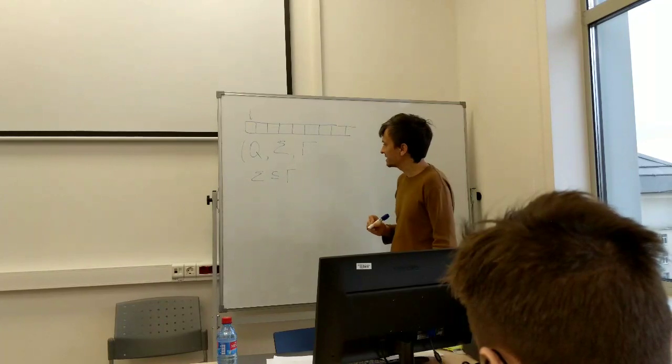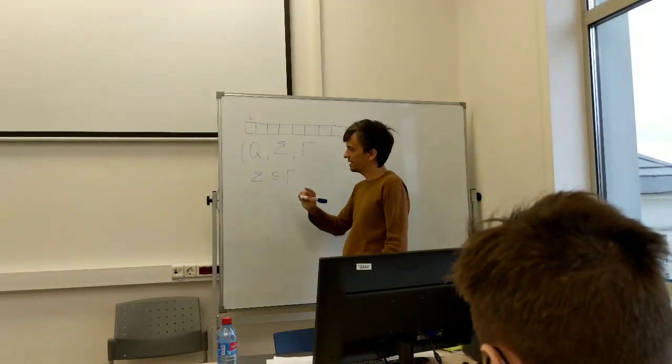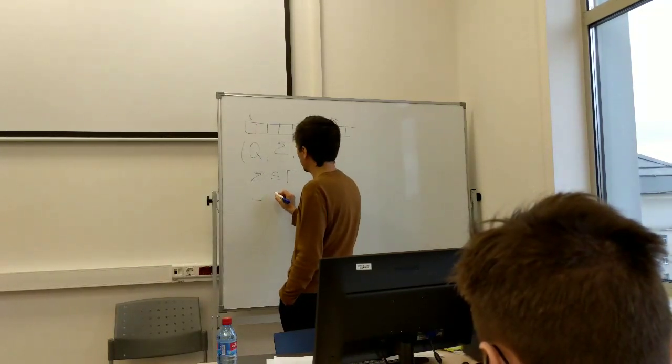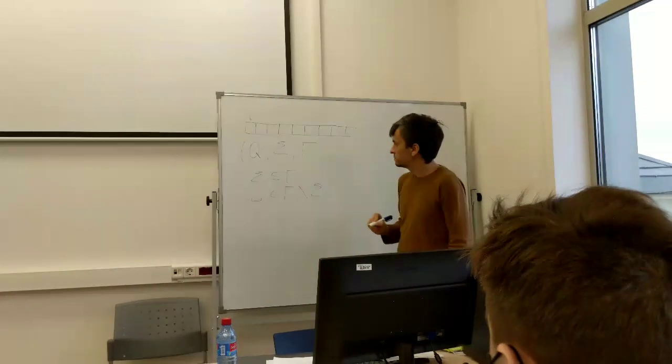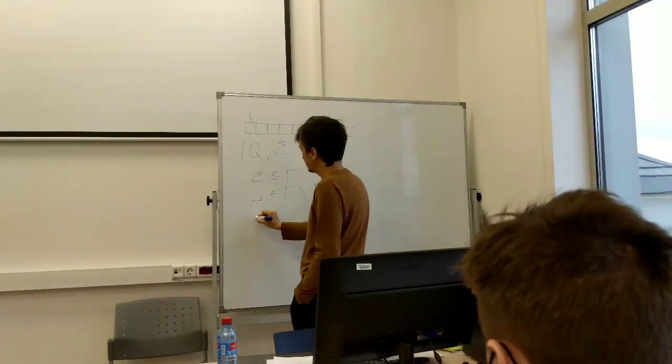But gamma contains at least one more symbol than sigma, and that's the blank symbol. So we have a blank symbol, which is in gamma, but not in sigma. Then we have a transition function, delta.